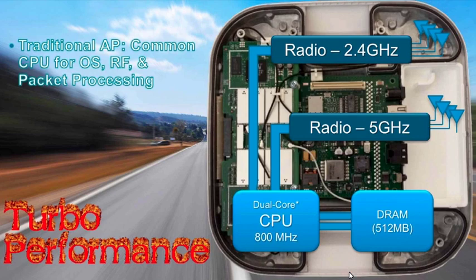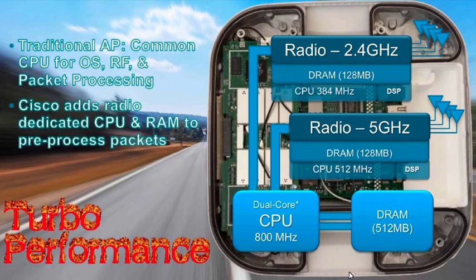Now, if we wanted to do some really cool stuff, we might have to put new radios in, but we don't actually do that. One of the things that we do is we put a dedicated CPU and RAM for each radio. And what that allows us to do is pre-process a lot of the RF-related data before sending it into the centralized or common CPU.